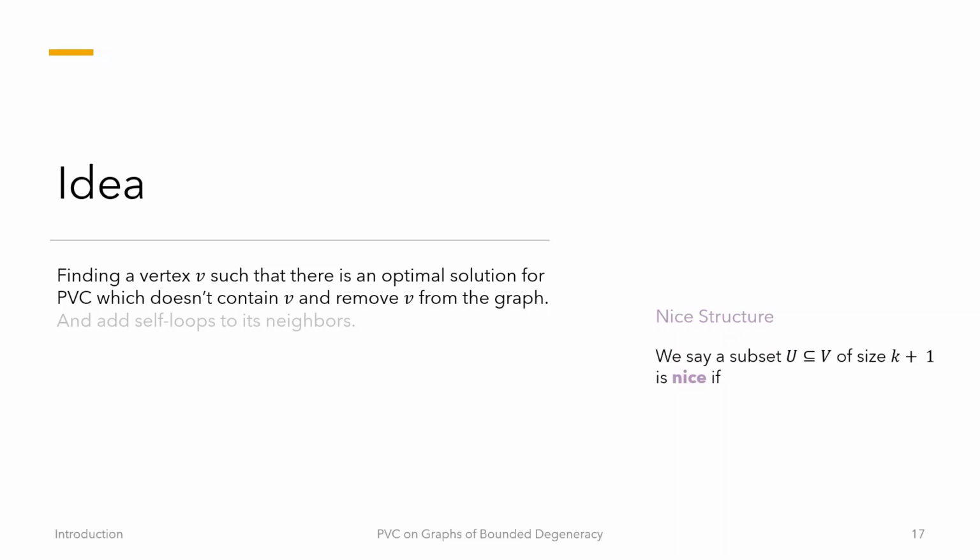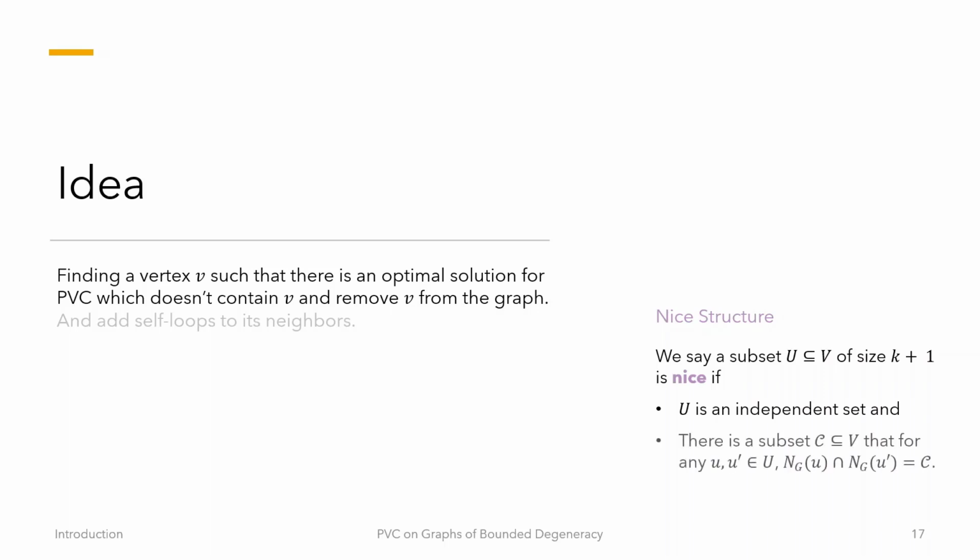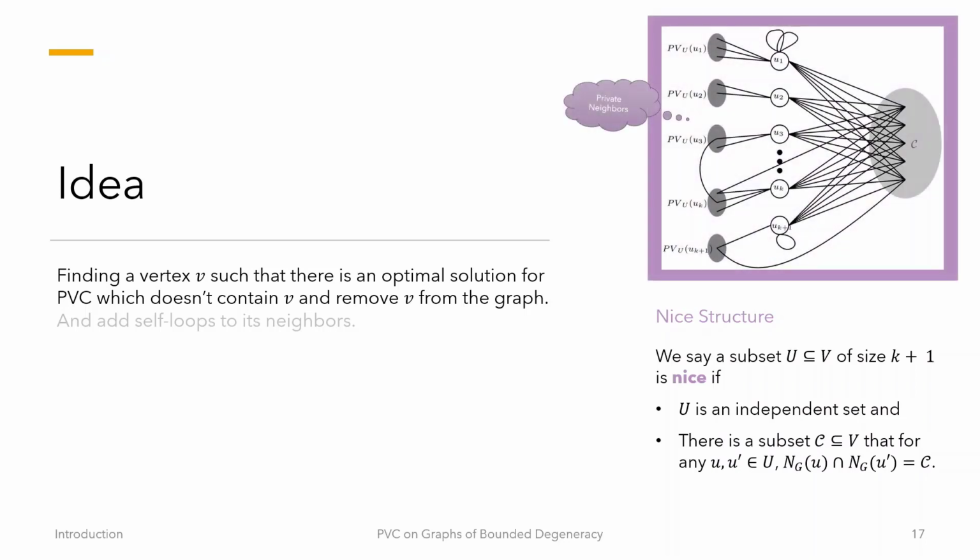We call the structure a nice structure, and we say a subset of vertices of size K plus 1 is nice if it's an independent set, and also for any two vertices in it, the intersection of neighbors of those two vertices is a fixed subset C.